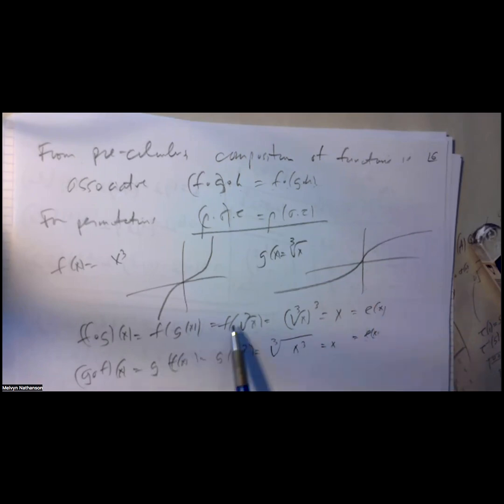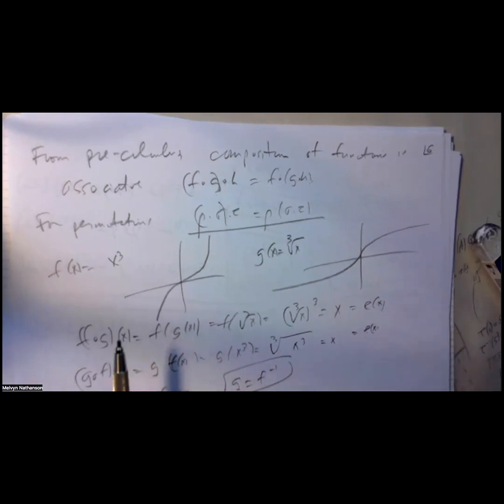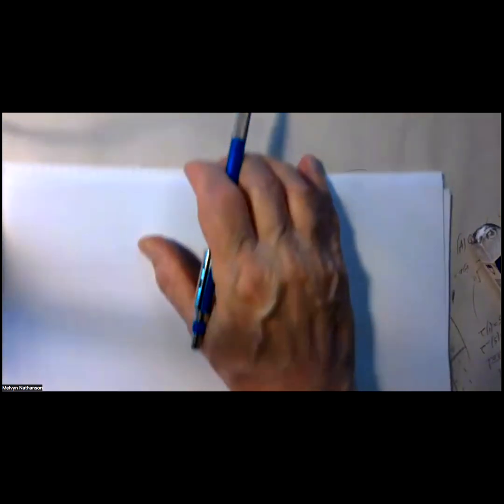So some functions have what you might call an inverse, because we have fg and gf are both equal to e. So we would say that g is f inverse. If you take f followed by g, you come back to where you started always. Not every function in calculus has an inverse, but every permutation is a function that has an inverse.